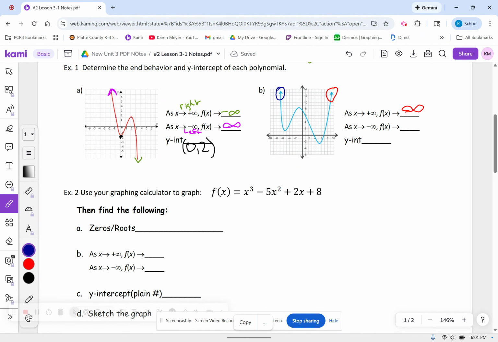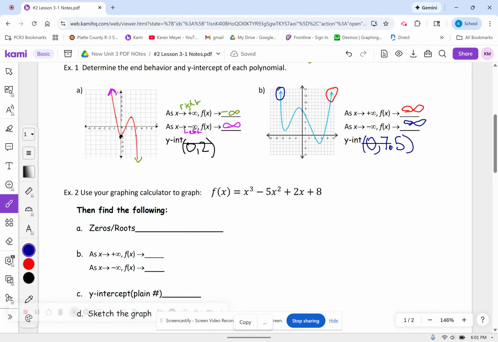And if I look at the left side, the arrow is also going up, so that's positive infinity. And then the y-intercept is always going to be 0, and then where it crosses the y-axis. And to me, that looks like about 7.5. So 0, 7.5.